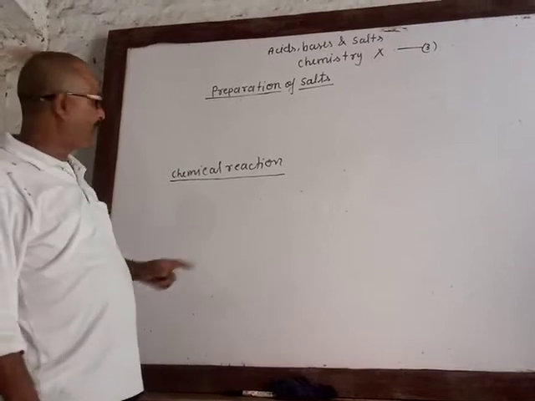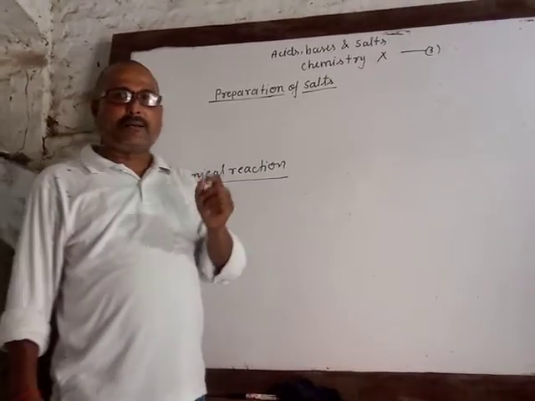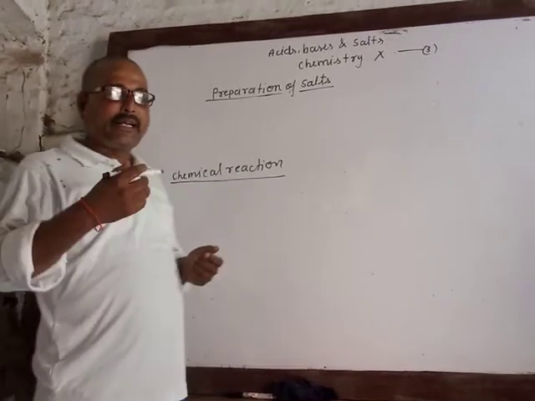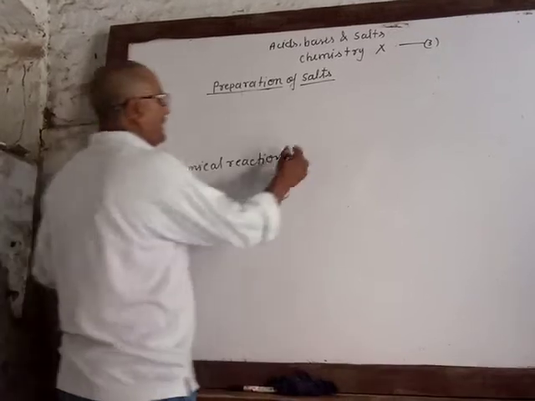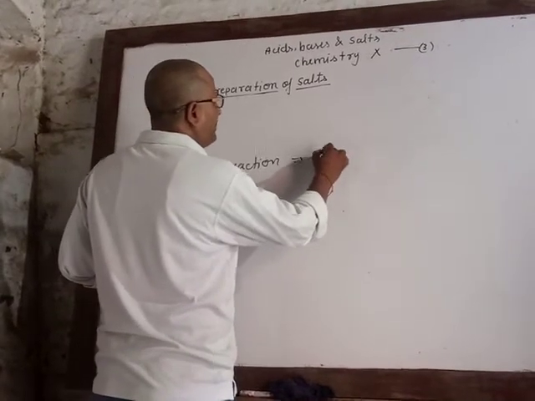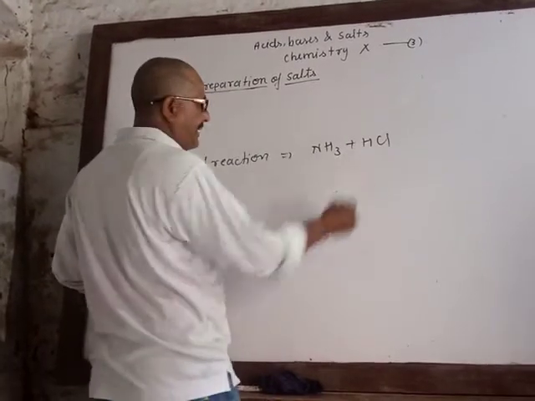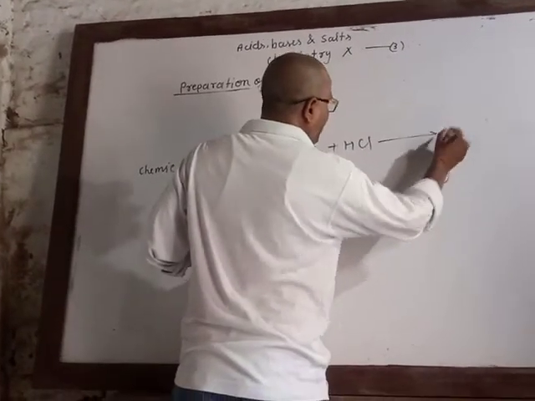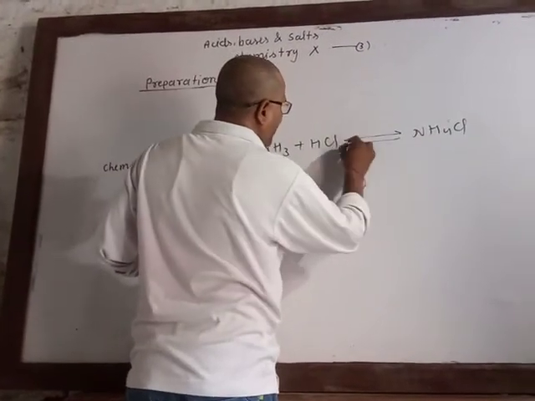Any chemical change represented with the help of symbols and formulas, that chemical change is known as a chemical reaction. As an example, when ammonia reacts with hydrochloric acid, it gives ammonium chloride. See that this is a chemical change.